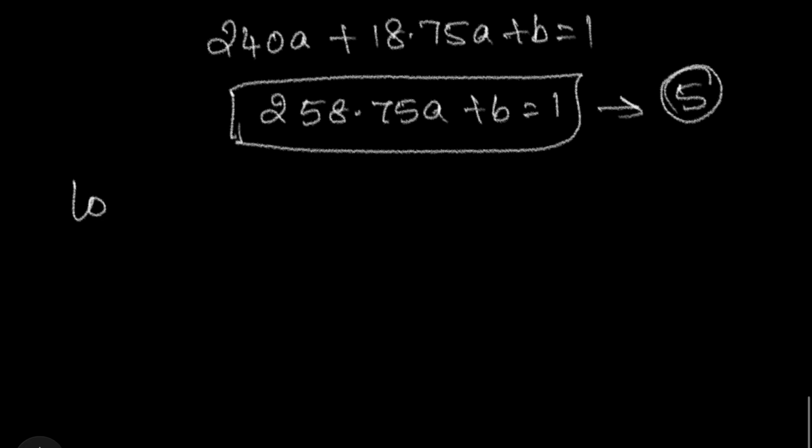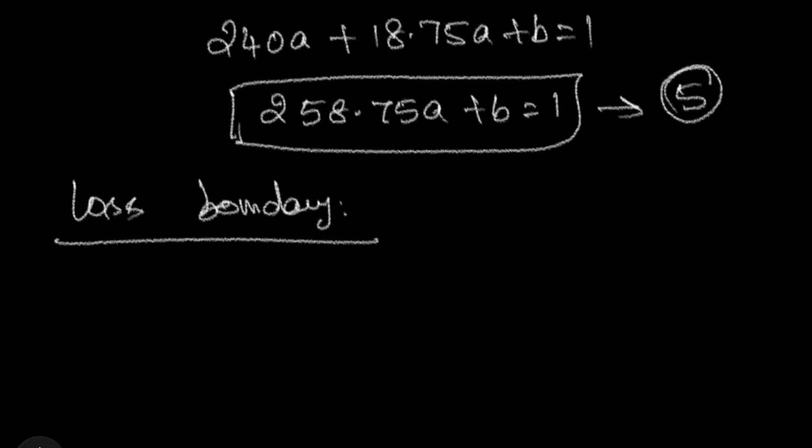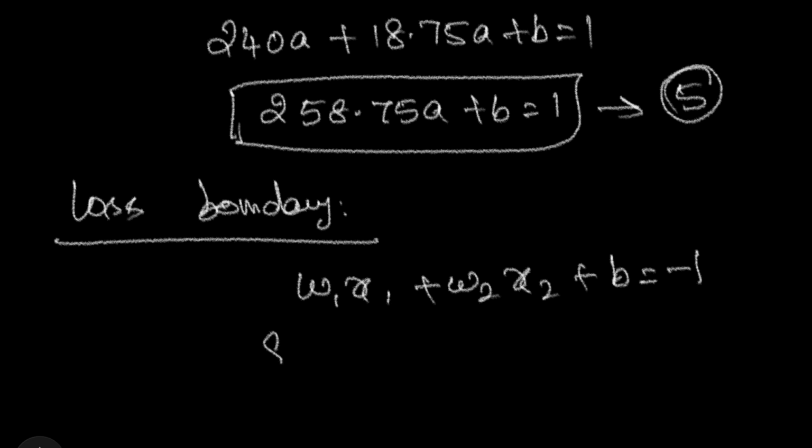Similarly, we have to find it for the loss boundary. If I go for the loss boundary, I have the equation w1 x1 plus w2 x2 plus b equals minus 1, right? So here, as in the previous win boundary, we are going to apply the values of w1 and w2. Here I have w1 as 8a plus w2 is nothing but 2.5a. You have to get the value of x1 and x2 for the loss boundary.